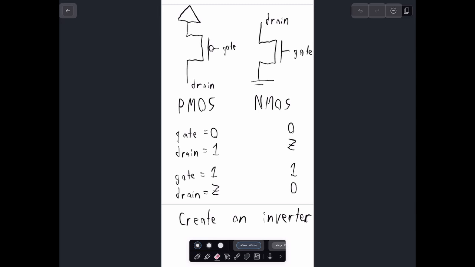So for a NAND gate, it will be what? 1. Yeah, 1. And that goes for the rest of these as well, right? But then if you have 1 and 1, then what will the output of that AND gate be? 0. So 1 and 1 is 1, but if you invert that, then you get 0. So this is the truth table for a NAND gate.